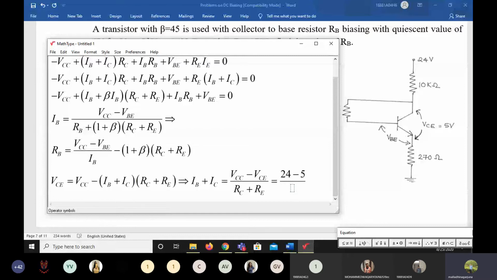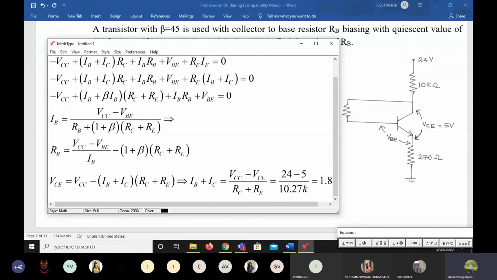RE is 270 ohms and RC is 10k, so we'll get 10.27k. So what is the answer here? 19 divided by 10.27. The answer is 1.85 milli.